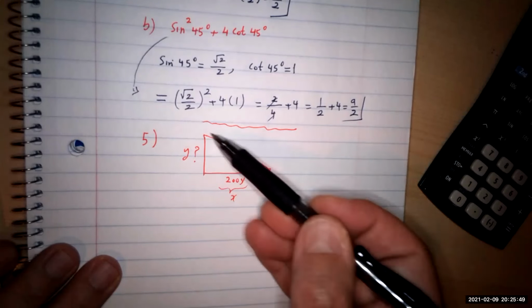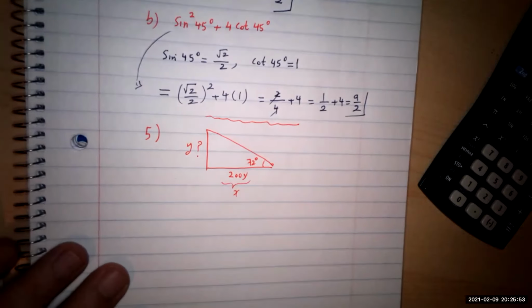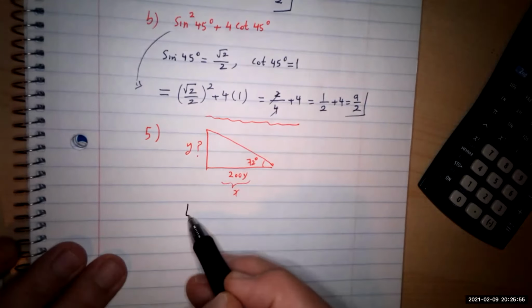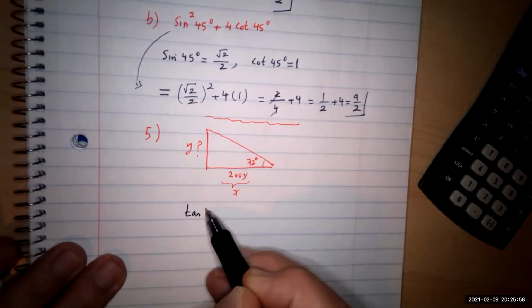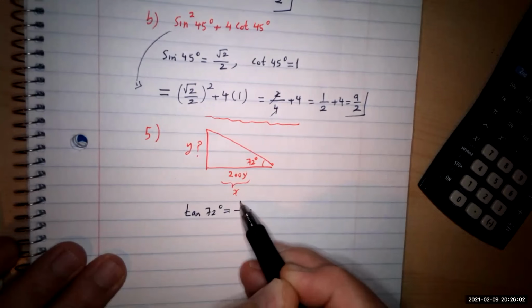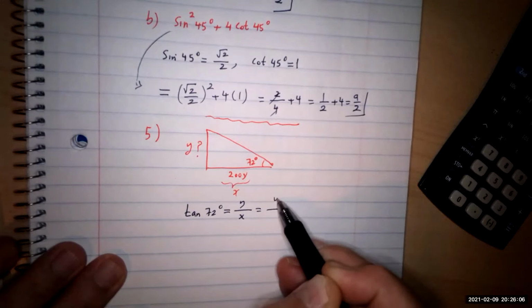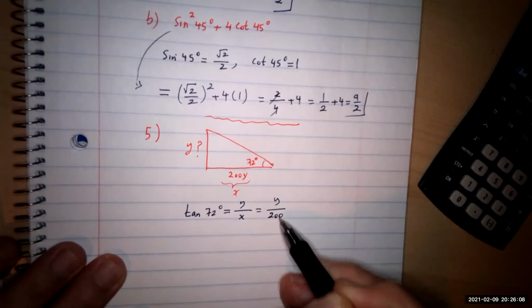You don't have any hypotenuse, so that's why you cannot use the sine or the cosine. Okay, so the tangent of 72 degrees is going to be equal to y over x. Your y is missing, your x is 200.